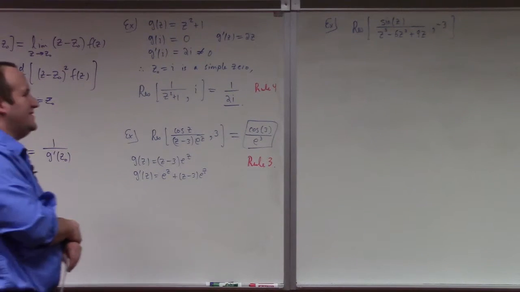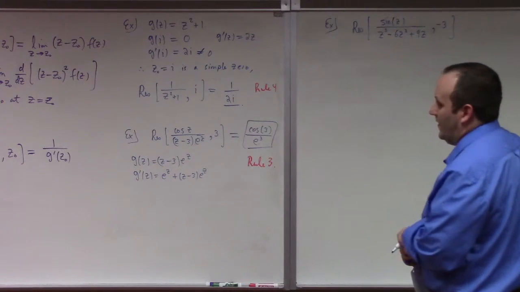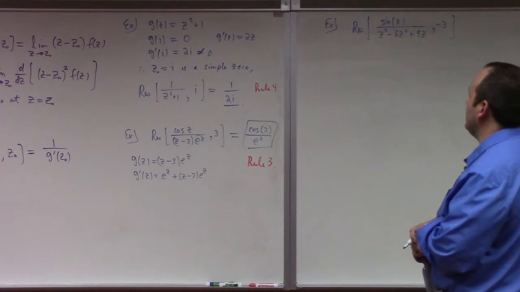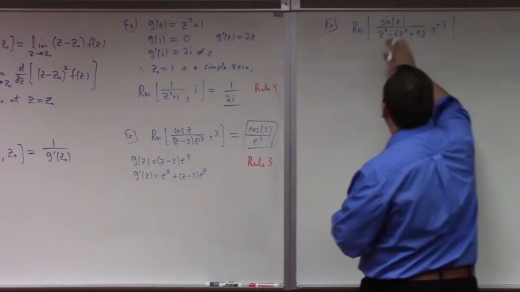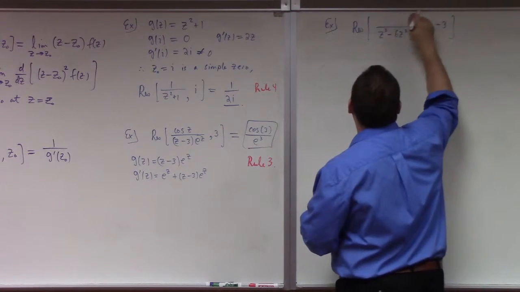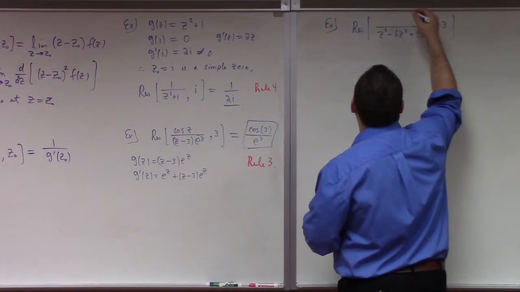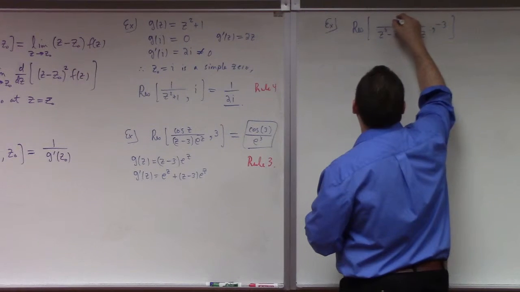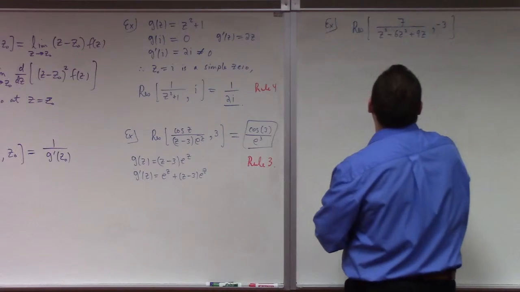Oh, sorry, I find myself most often using rules 3 and 4, so this isn't really a good example yet for rule number 2. To make this a good example for rule number 2, I should do something like put a 7.